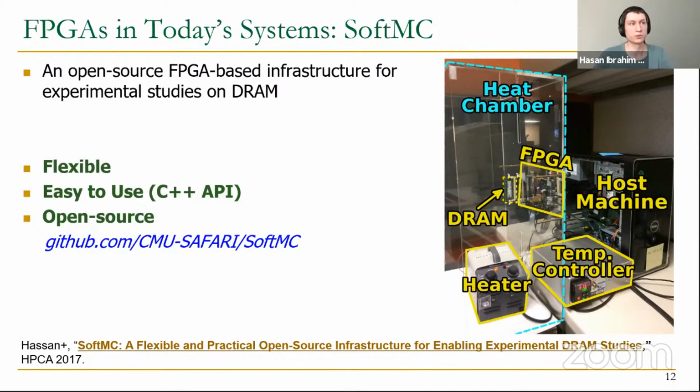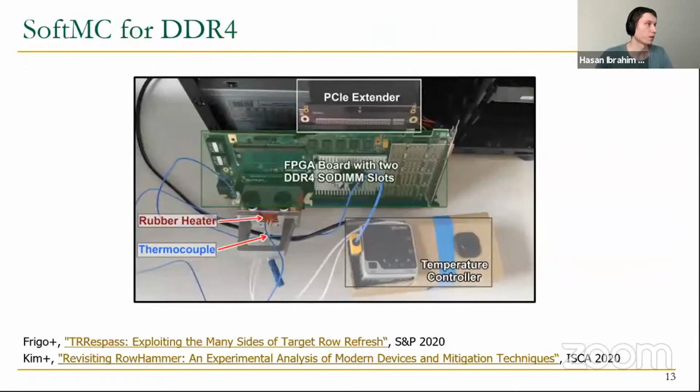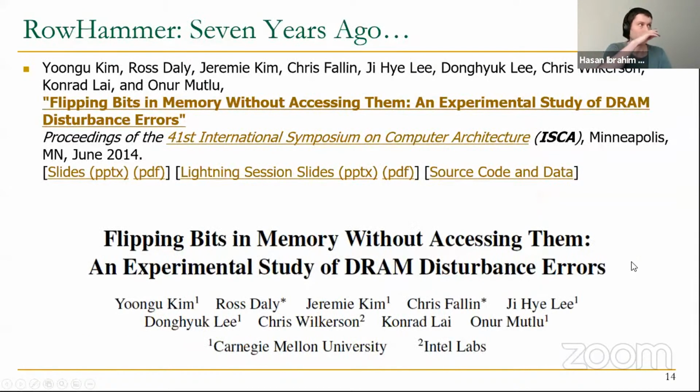This is very helpful to do research on DRAM, to characterize various aspects of the DRAM and do testing. We also have a new version of SoftMC which supports DDR4, and this is already used in some papers that I've listed here.